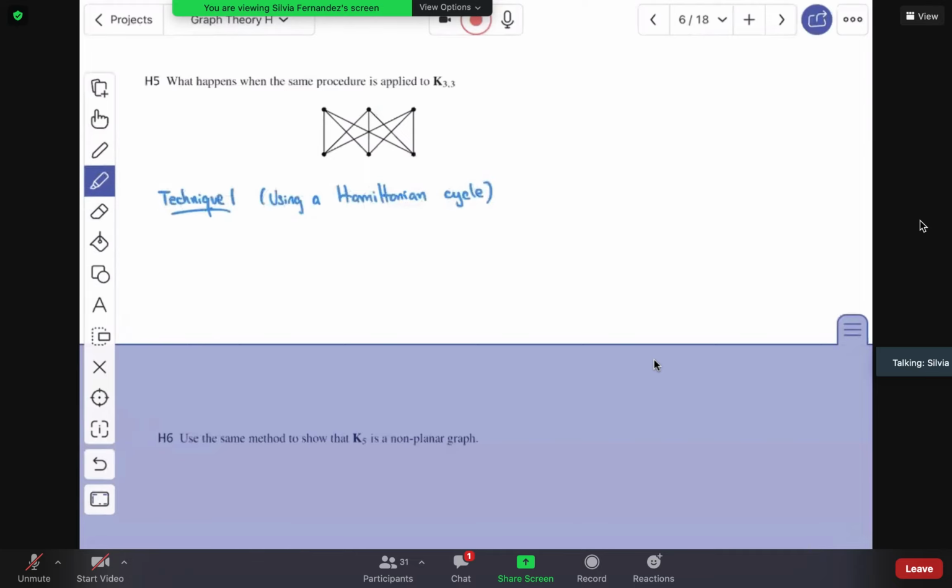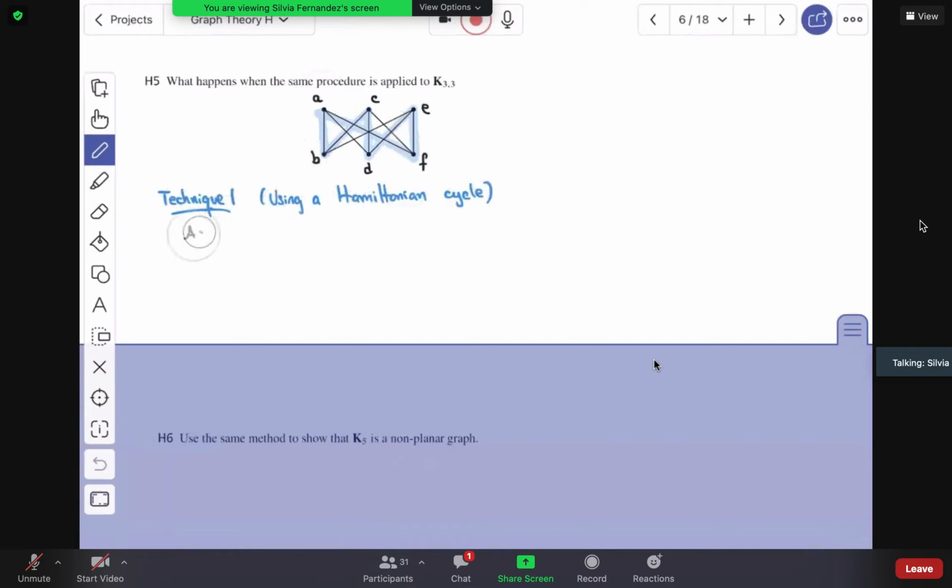It's not necessarily unique. I just need one. So 1, 2, 3, 4, 5, 6. I'm going to label my vertices so that I can refer to them. I'm going to go in alphabetical order as I traverse my cycle: A, B, C, D, E, F. Not that it matters, but it allows me to do things in a more organized way.